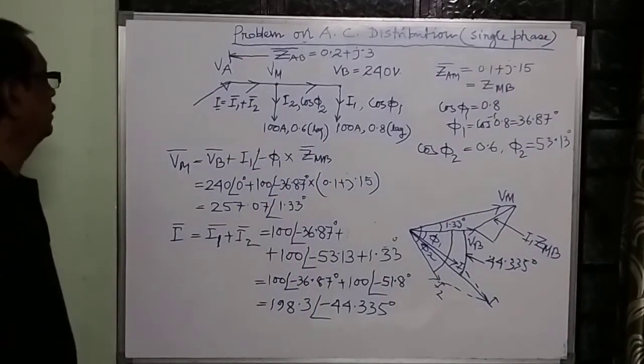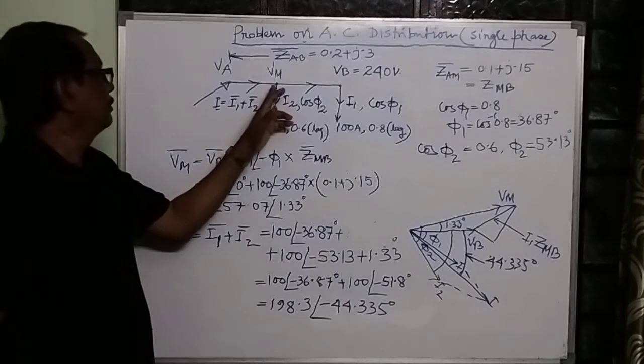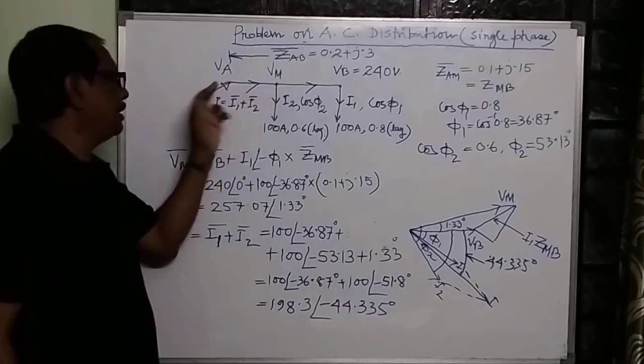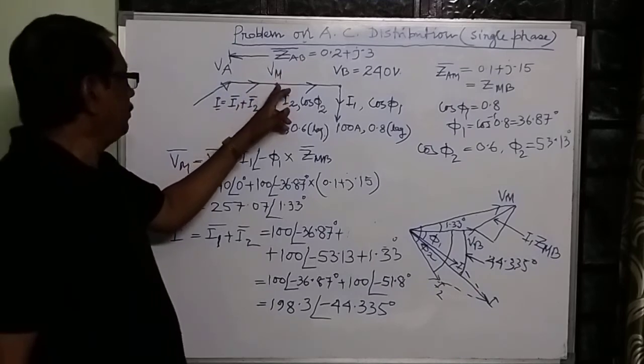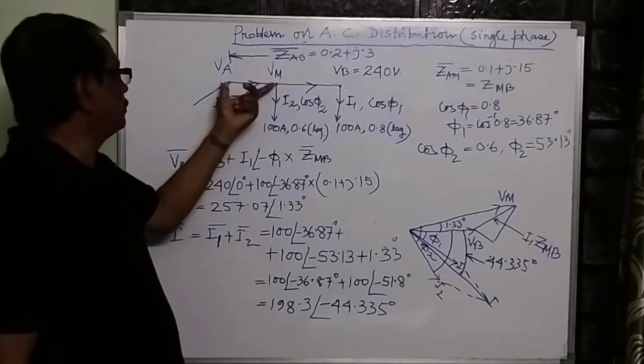Now VA can be calculated by the VM voltage plus the voltage drop across this section.